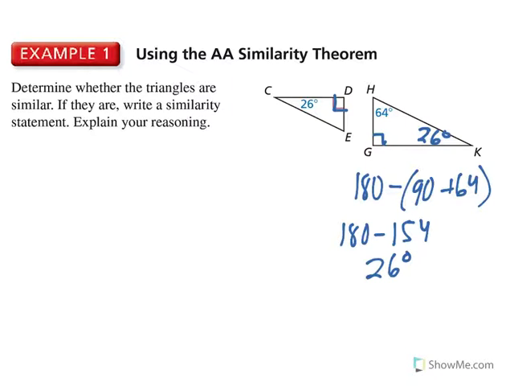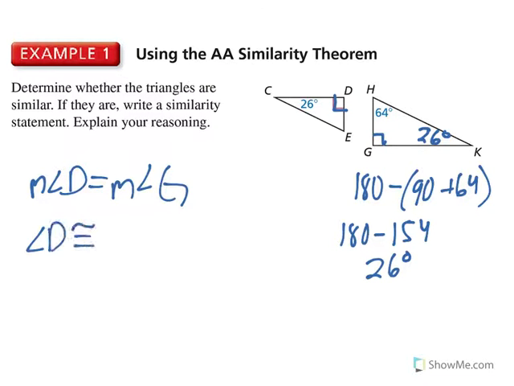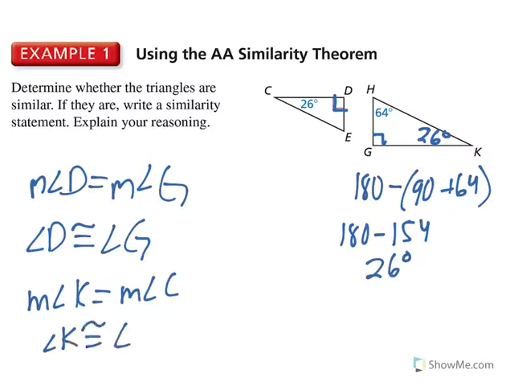Now we have our right angles. Right angles are always congruent, so the measure of angle D is equal to the measure of angle G. So I can make the statement that angle D is congruent with angle G. And now, because I found the other 26, the measure of angle K is equal to the measure of angle C, which means those two angles are congruent as well.